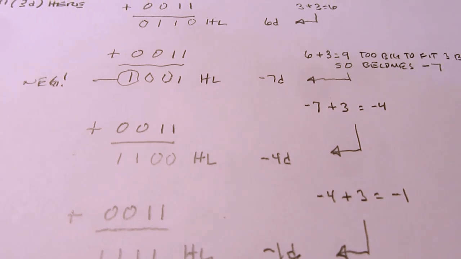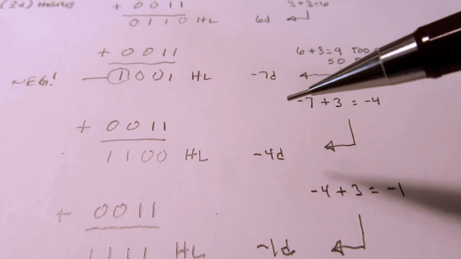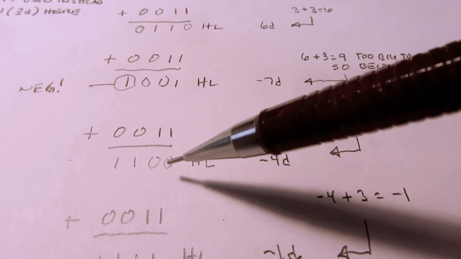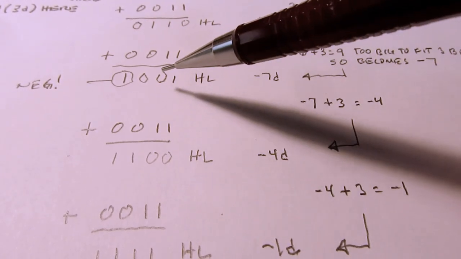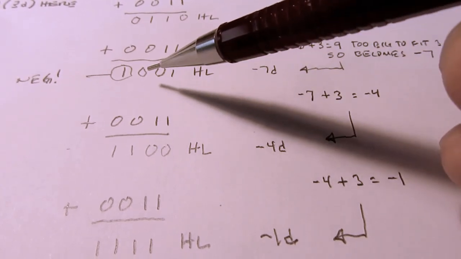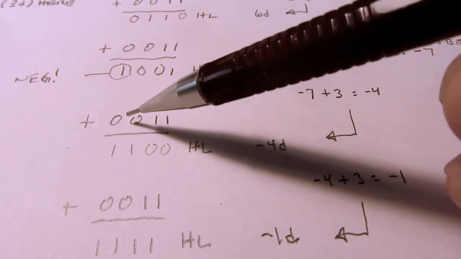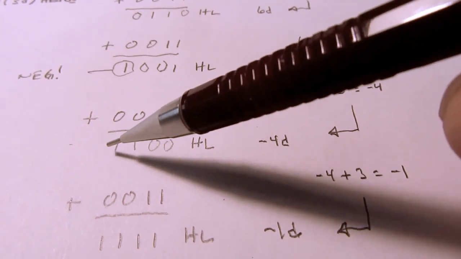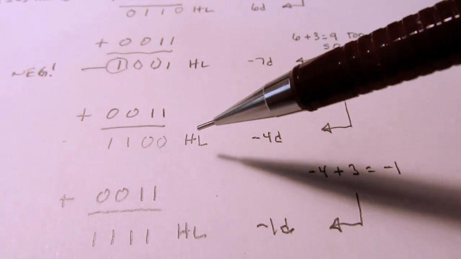So continuing on, we're adding 3 to it again. 1 and 1 turns to 1, 0, so you put the 0 there. 1 carried plus 1 is 1, 0. The 0 is here, you carry the 1. 1 and 0 is a 1, and the 1 and the 0 is a 1. So it's 1, 1, 0, 0.